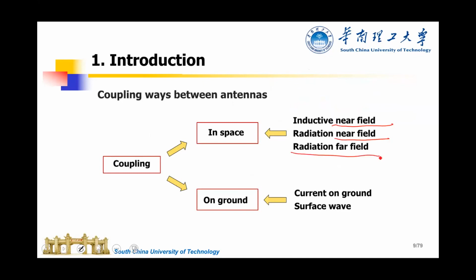Another way is on the ground. On the ground there are also two kinds. First, the current on the conductor ground. And another is the surface wave on the substrate, the interface of the substrate.